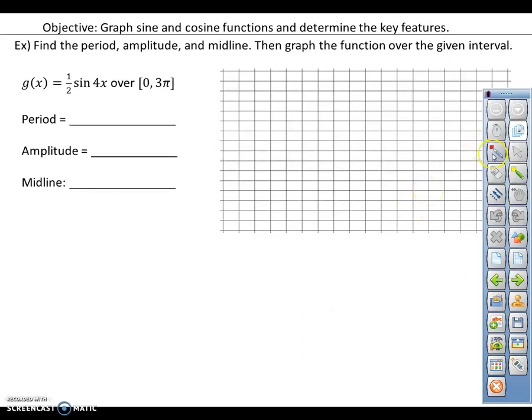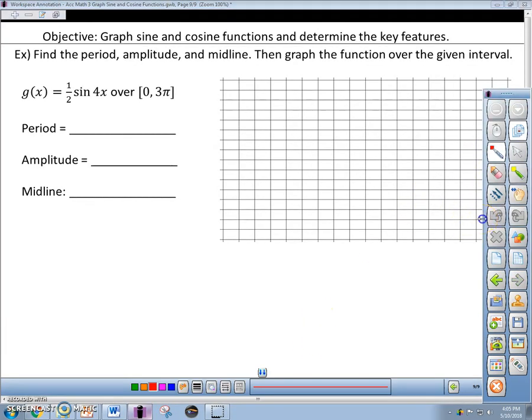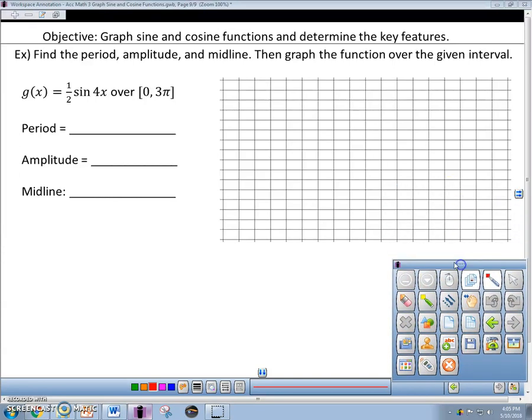All right, let's look at this problem. So here we're looking at g of x equals 1/2 times sine of 4x, and we're going to graph it over the interval from 0 to 3 pi, where we include those end values because of the brackets. First thing, though, we want to do is find the period, amplitude, and the midline. So our period here, remember, this is our 1 over b parameter.